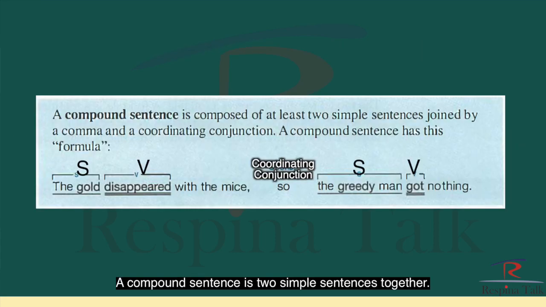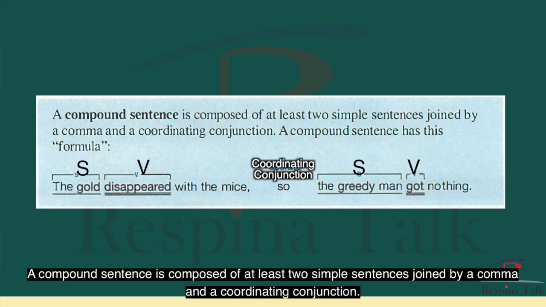So a compound sentence is 2 simple sentences together. A compound sentence is composed of at least 2 simple sentences joined by a comma and a coordinating conjunction.